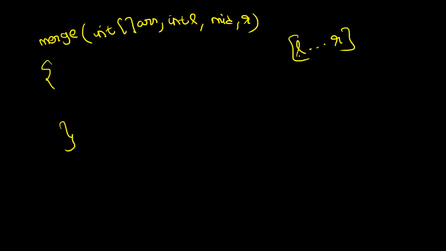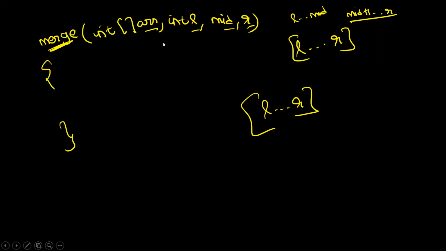Do you agree? When I call the merge function ARR L mid R, I assume that inside array ARR, from L to mid is a sorted subpart, and from mid plus 1 till R is a sorted subpart. And I can assume that when this function runs using this logic, from index L to R of my main array will get sorted. Do you agree?